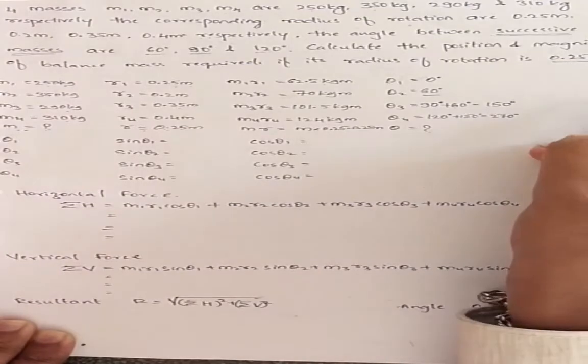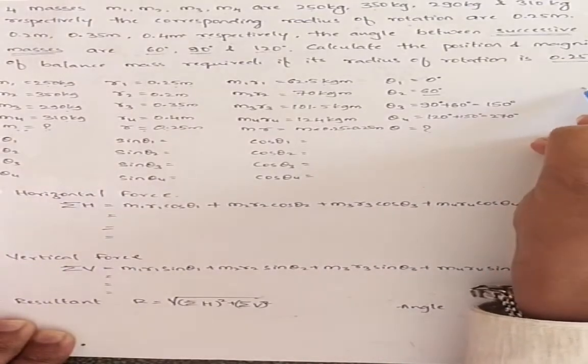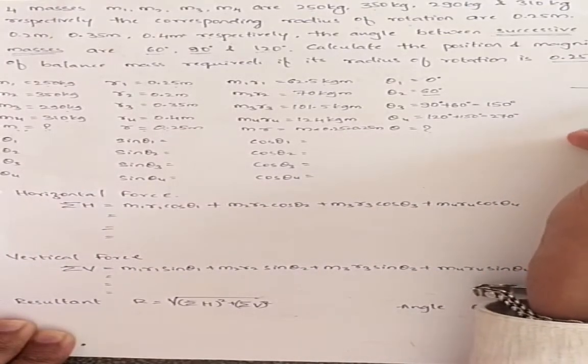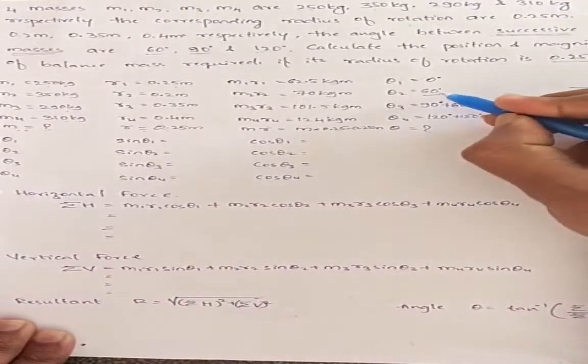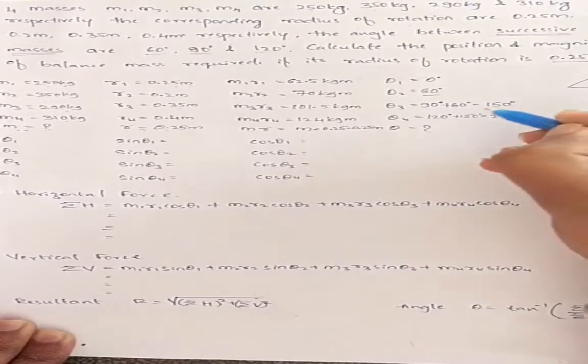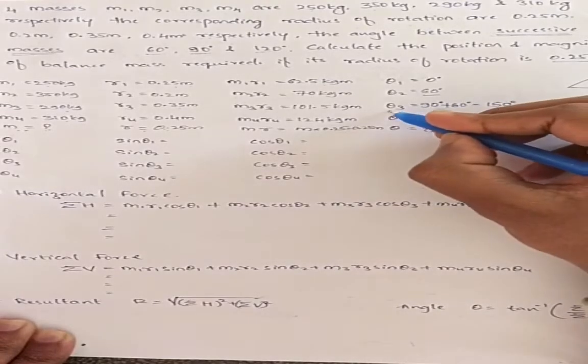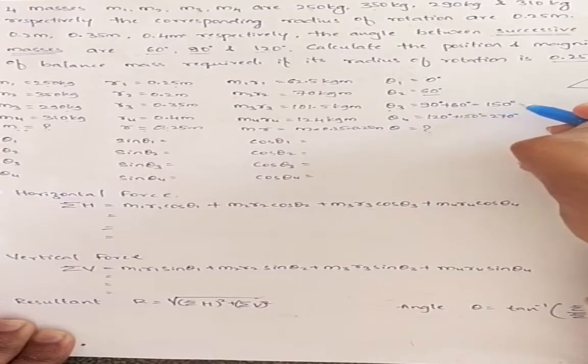So roughly we will draw the diagram. First, theta 1 is 0 degree, this is m1. The next angle is 60 degree, so m2 is at an angle of 60 degree. Next m3, theta 3, the angle is 150 degree.